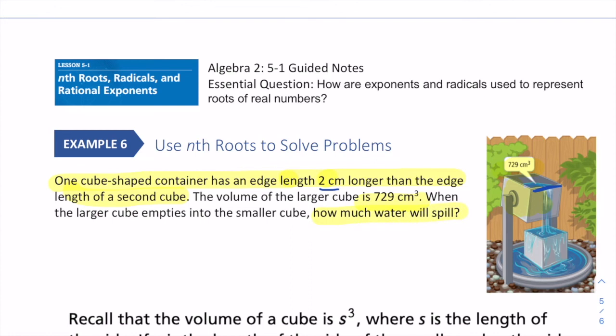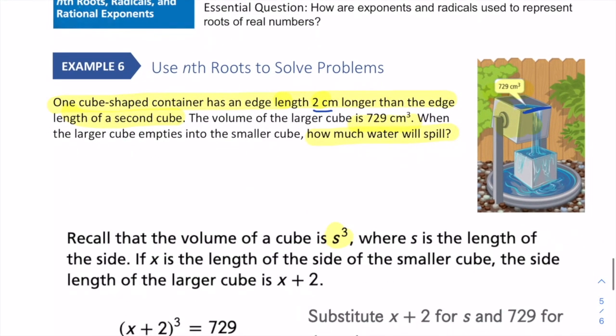So we have to find the volume of each of these cubes and then subtract the difference. So if we know that the volume of the cube is s cubed, well, we could set x plus 2, because that's going to be the side length of this larger cube, right? So if this is the larger cube, each of these dimensions will be x plus 2.